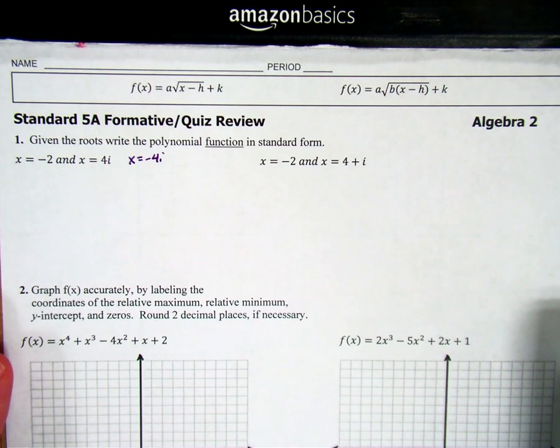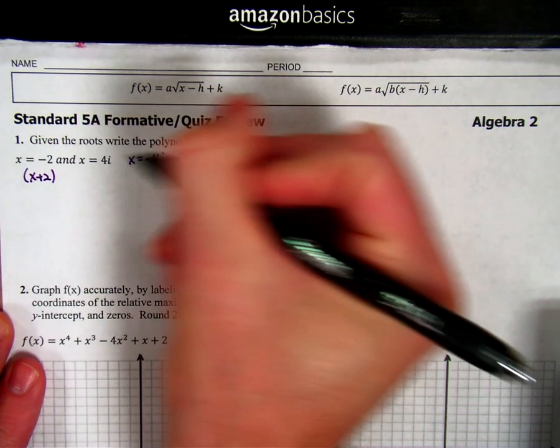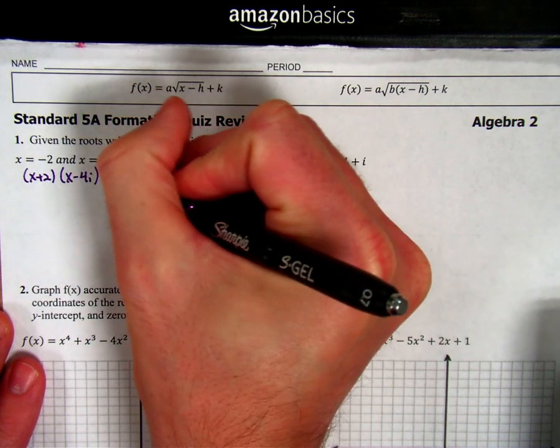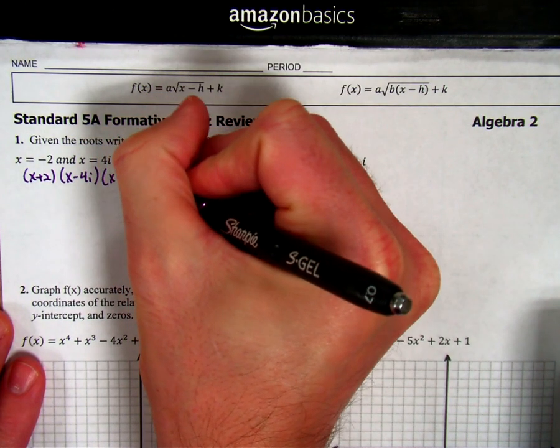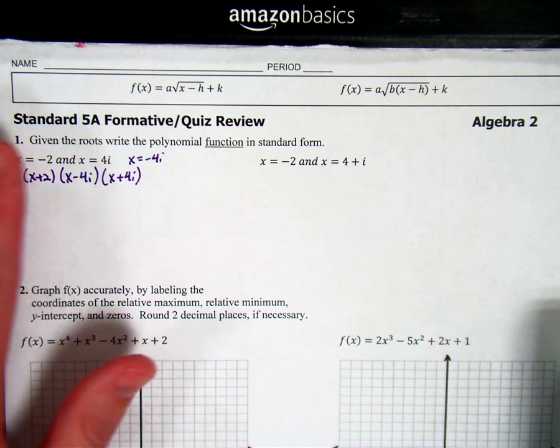What parentheses groups would these have come from? x plus 2, x minus 4i, and x plus 4i. Whenever we have imaginary parts, we're going to multiply those imaginary parts first.